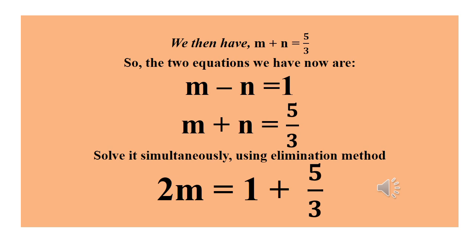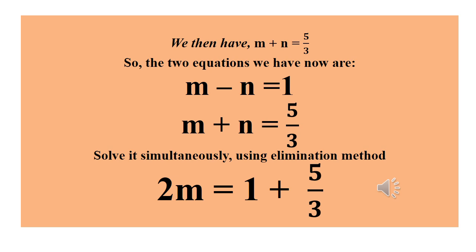So we then have m plus n equals 5 over 3, because 1 times m plus n will still give us m plus n. So the two equations that we have now are m minus n equals 1, then m plus n equals 5 over 3.